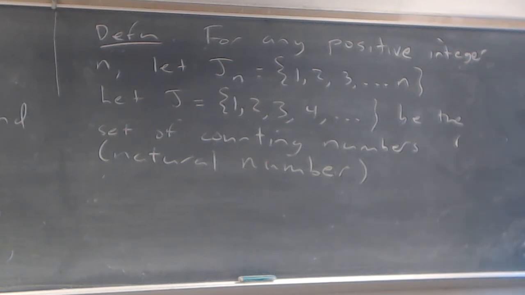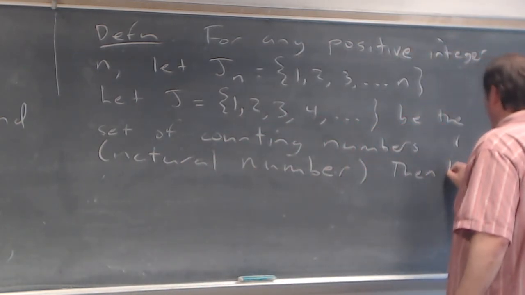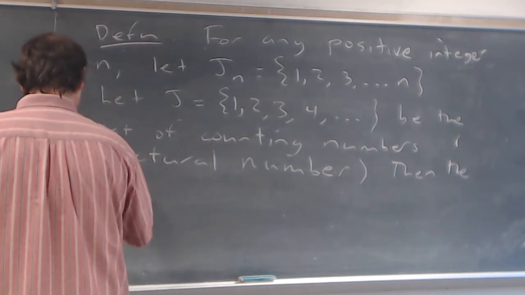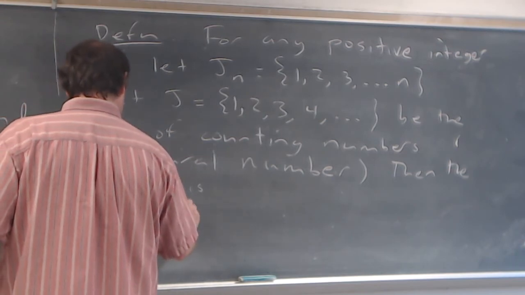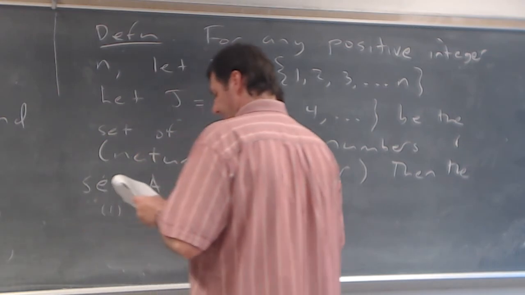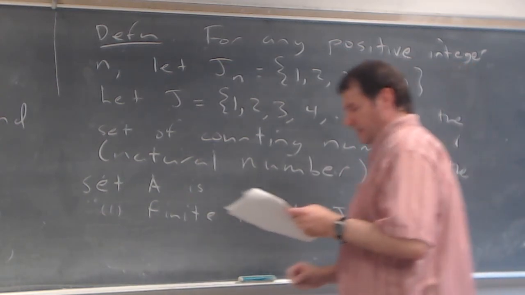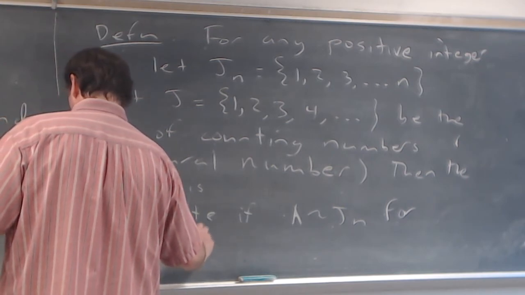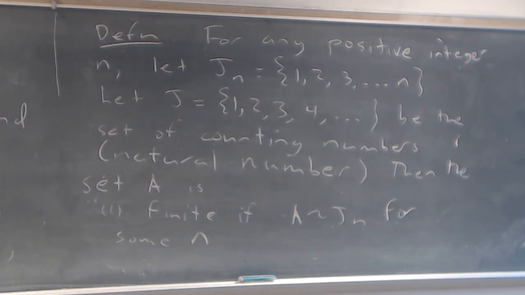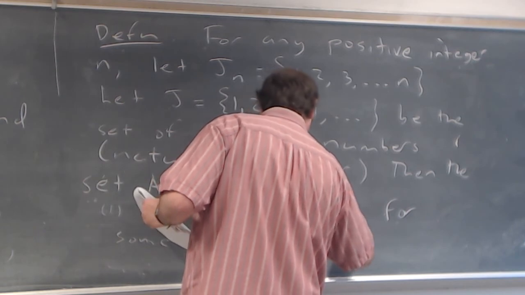So we've got a bunch of definitions coming. Then the set script A is finite if A is equivalent to J sub n for some n, or if A equals the empty set or null set.